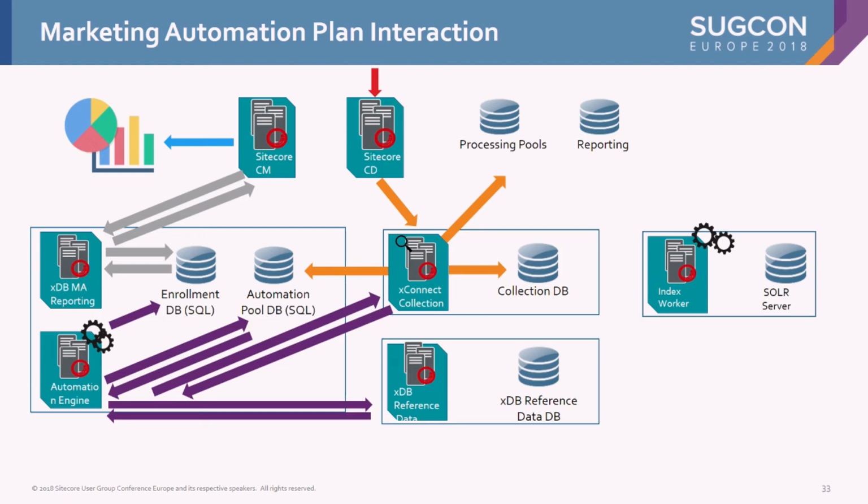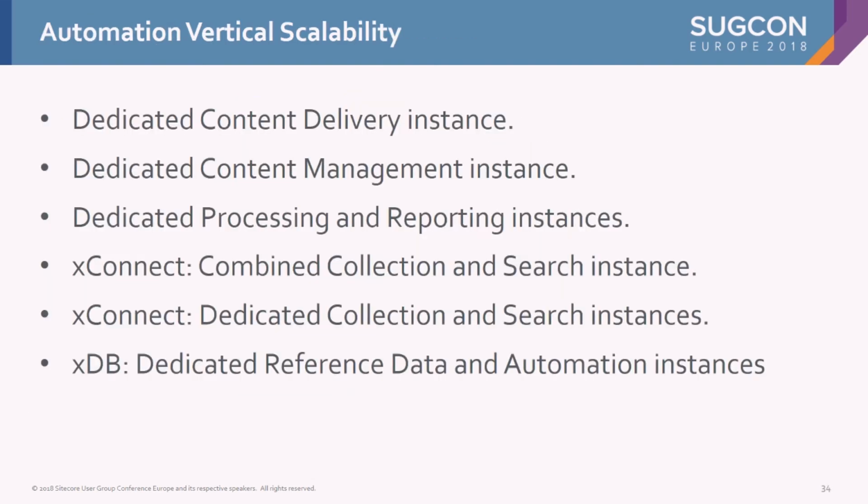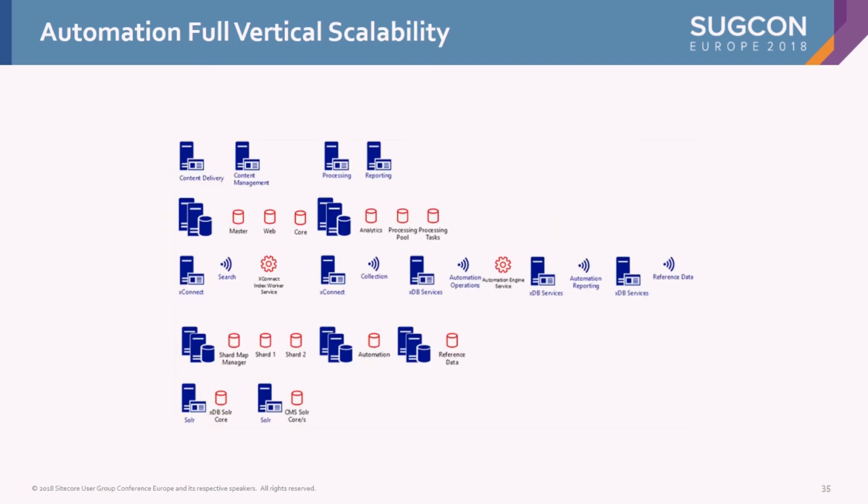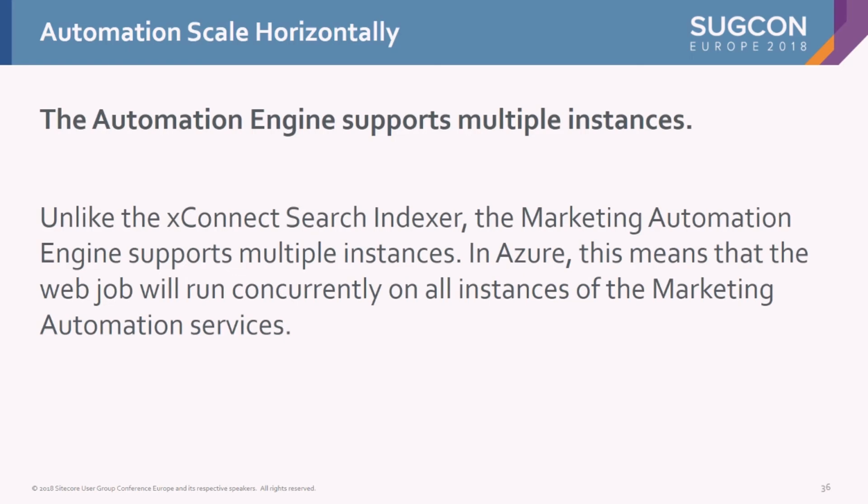In vertical scalability, we dedicate each one of those with its own servers, and you can do full scalability by having a dedicated server for each of these roles. And finally, horizontal scaling can happen by running the marketing automation engine across multiple instances.